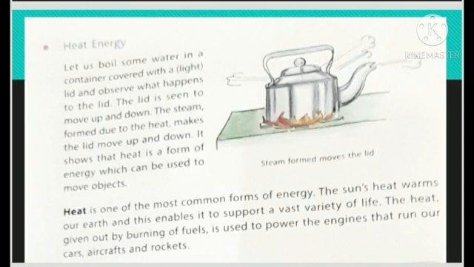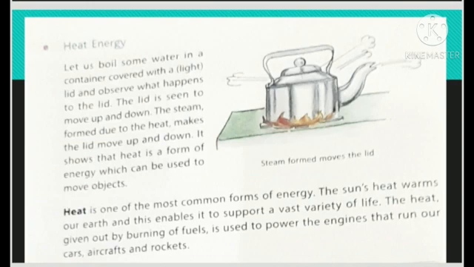It means that the boiling water is having energy to move the lid up and down, and that type of energy is because of heat, and hence it is named heat energy.